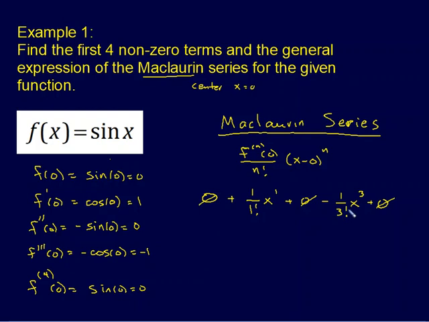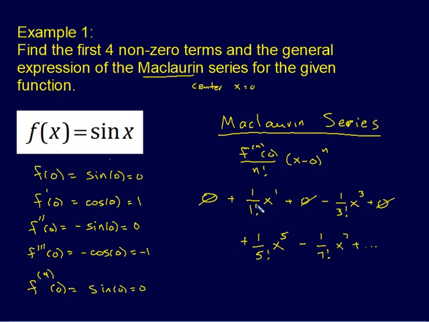So the next term after this one is going to be a positive term. It'll be a fifth degree term, 1 over 5 factorial x to the 5. The following term would be a 0, and then the seventh degree term is going to be minus 1 over 7 factorial x to the 7, and that establishes the pattern using the first four terms.